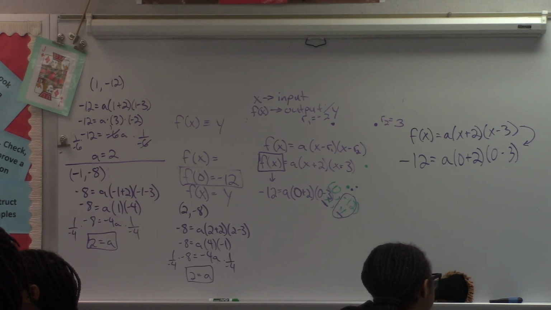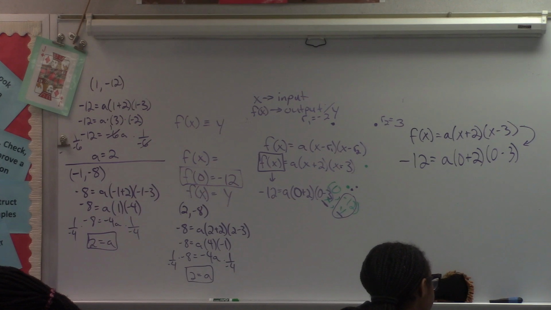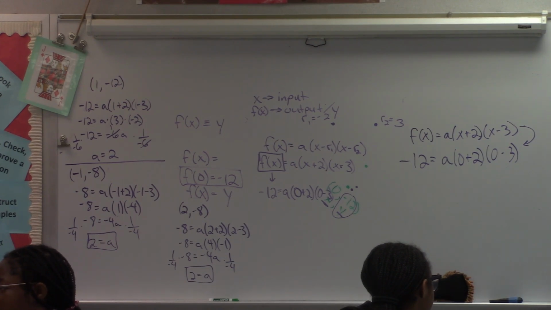The output. But what's the notation we have? F of x. Isn't f of x the same as y? It's my output, right? So I substituted those two things in. That's the explanation that we should have been writing down to make sure this makes sense.